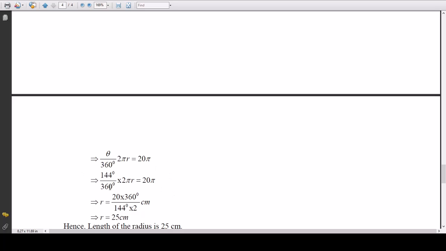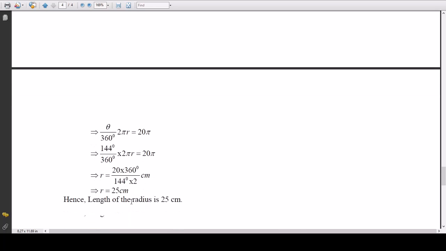You cross multiply all the terms to the right side. 20, you will have only 20. In the numerator you have 20 multiplied with 360, divided by 144 multiplied with 2, isn't it? Because pi you have already cancelled. Then on doing this simplification here, you will get radius to be 25 centimeter.